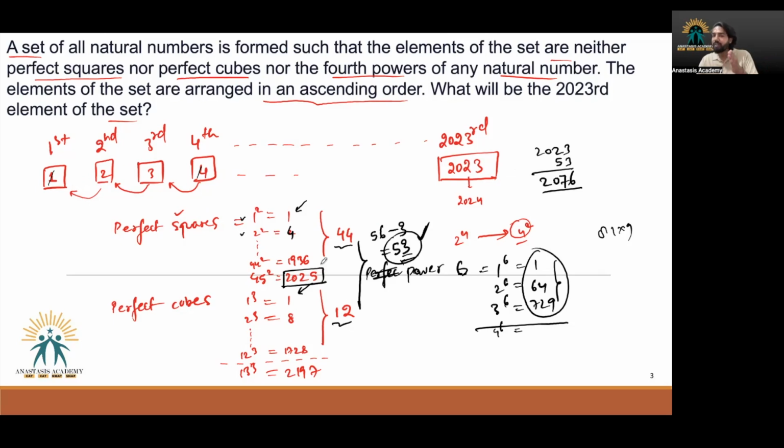So we have to take this number into account also. This value would increase by 1, because 2025 is a perfect square and we have to take care of it too. So the number inside this box would become 2077. The correct answer to this question is 2077.